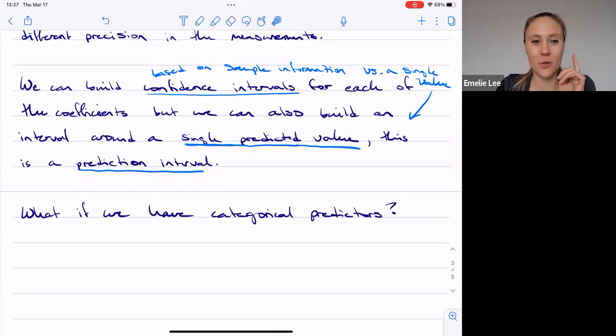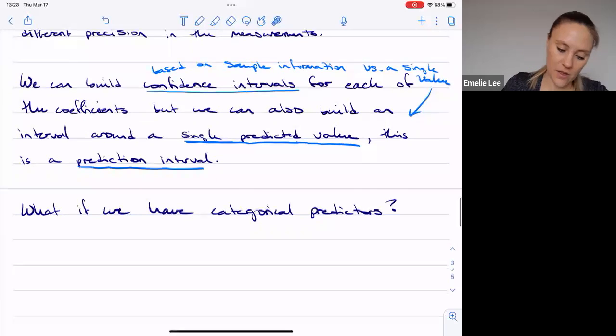Good. So what if we have categorical predictors? We can convert them all to dummy variables. Dummy variables are 0, 1 variables.